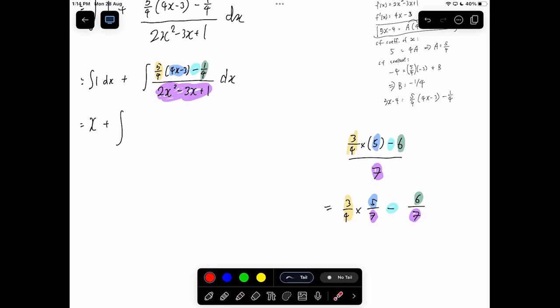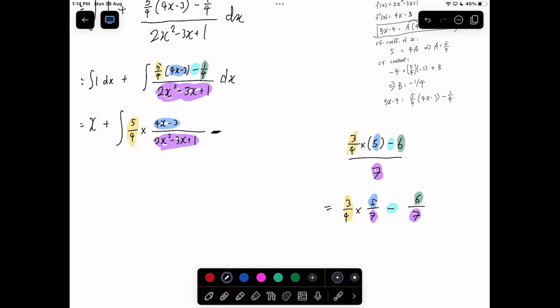Split up, what do you get? Follow the same pattern. Can you see the color coding? Yellow, 5/4 times 4x minus 3 divided by 2x squared minus 3x plus 1. I color code for you first. Yellow is the 5/4 you factor out. Blue is the numerator. Purple is the denominator. Followed by a minus sign.